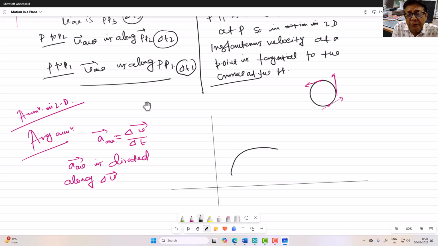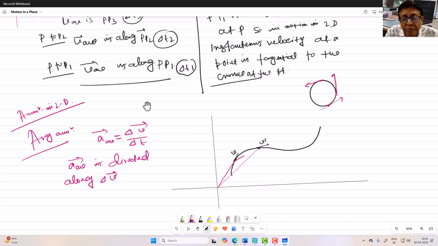If I take the same curve, the particle has velocity v at this point and velocity v dashed here. This instantaneous velocity will be tangential to the path, as I told you just now. Now what is delta V here?